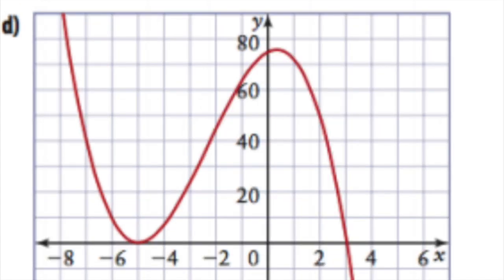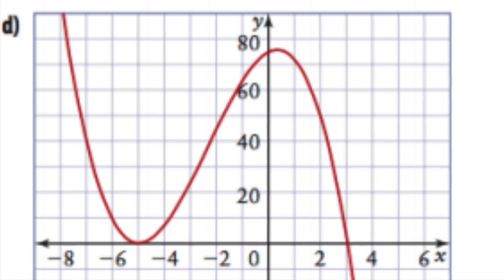Now we will be stating the positive and negative intervals for graph D. So there are 2 positive intervals and 1 negative interval. Again, I found this out by looking at the graph and observing where the function was below and above the x-axis.